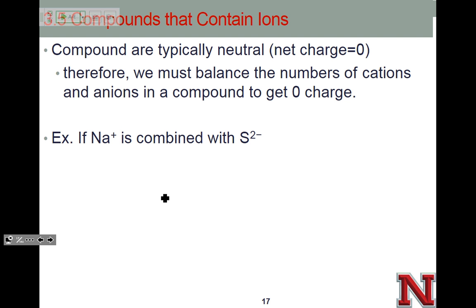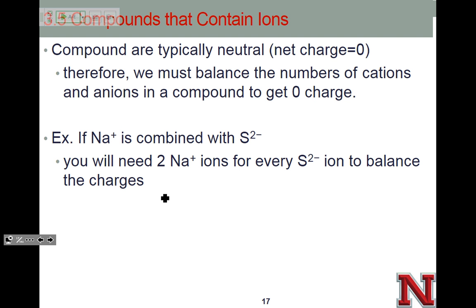How many sodium to sulfur ions are going to interact with each other? Well, again, we have an overall neutral charge, so that means that we're going to need 2 sodium ions for every 1 sulfur ion, because we have a charge of 2 minus for sulfur. And when we draw that as an ionic bond, we're going to draw that as Na2S.